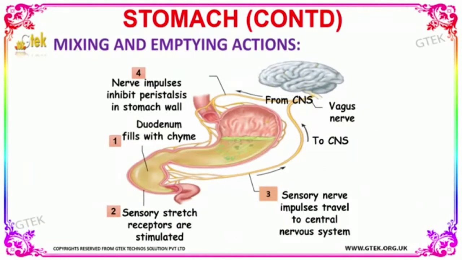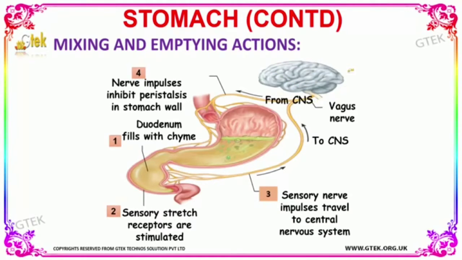Next we have the mixing and the emptying actions. First, your duodenum fills with the chyme, after which the sensory stretch receptors are stimulated. Once your sensory receptors are stimulated, the sensory nerve impulses travel to your central nervous system through your vagus nerve.